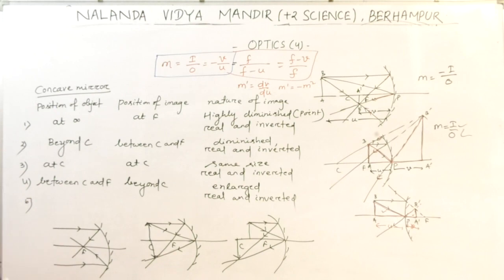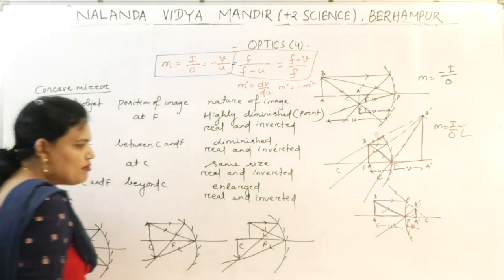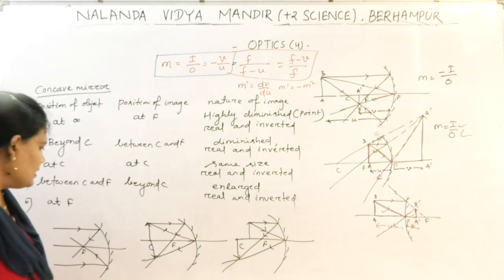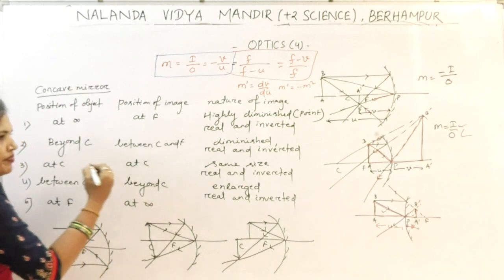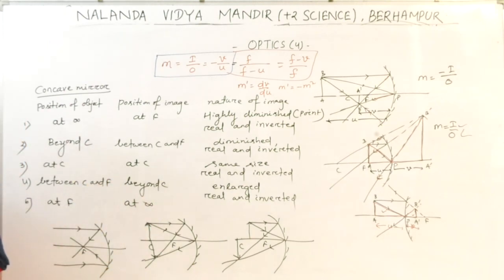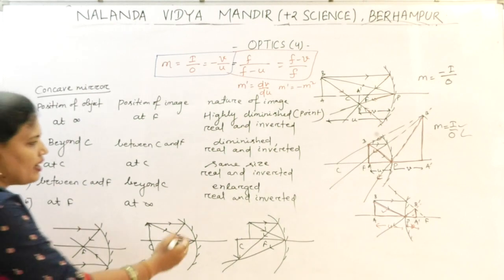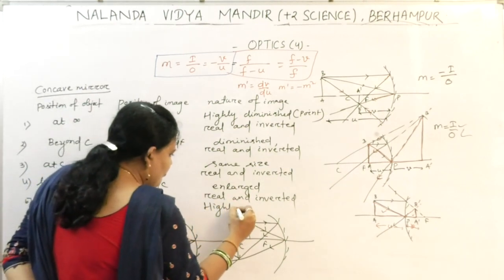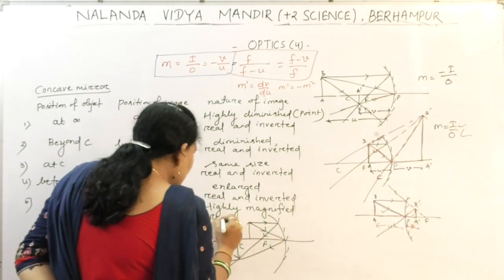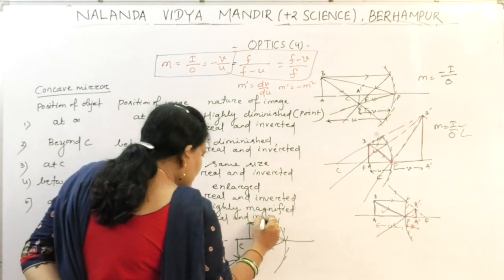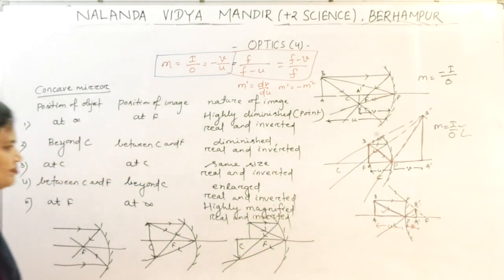Next, the object is kept at F. If the object is kept at F, then where will the image be formed? The image will be formed at infinity. And what is the nature of the image? The image is highly enlarged or highly magnified, but real and inverted.